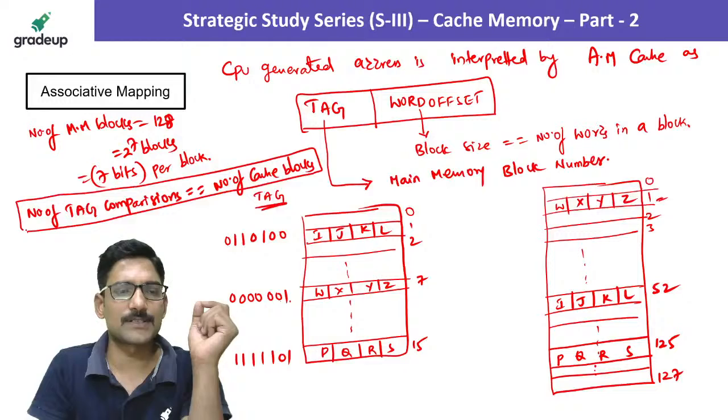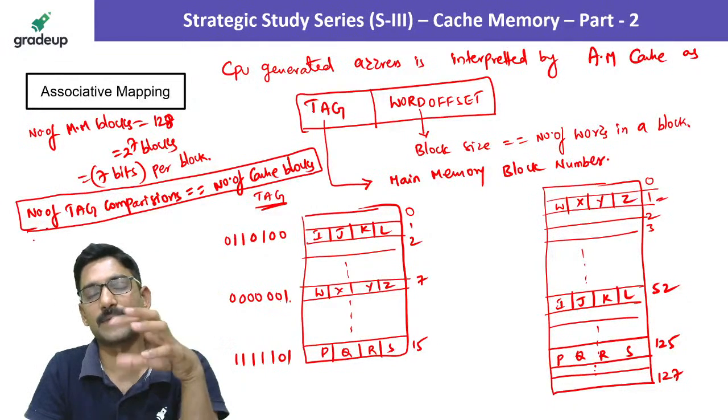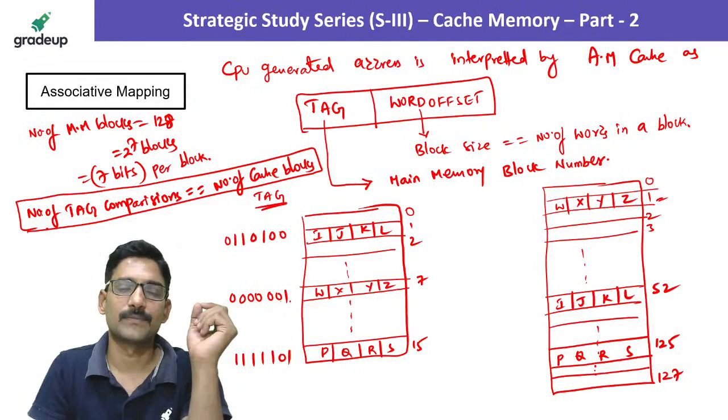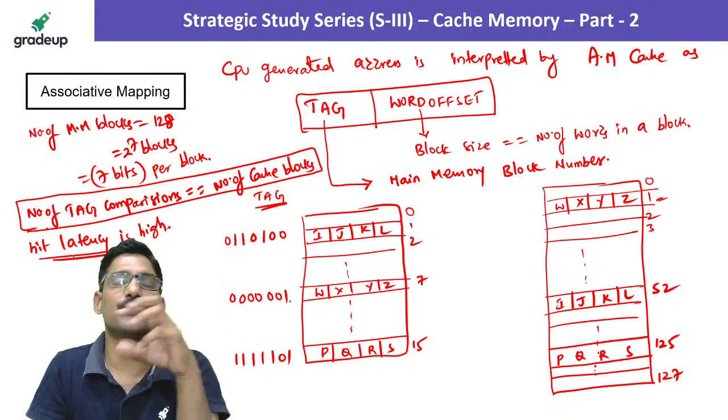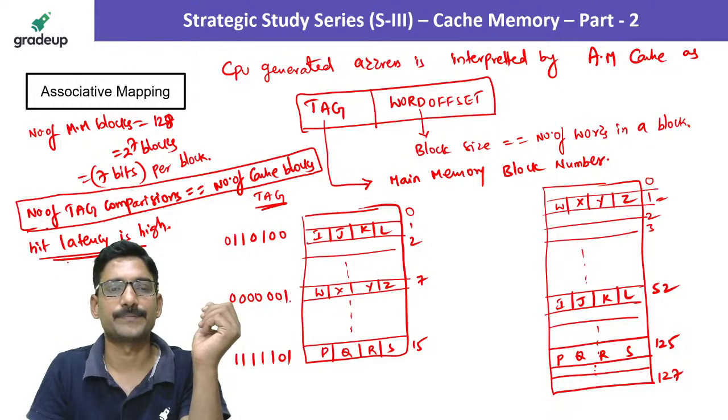Here tag is not same. In DM it is same, but here tag is not same. So hit latency is high because it requires much time to compare all the tags.